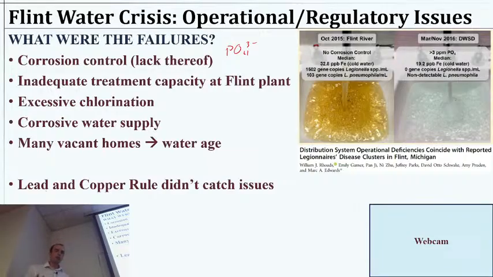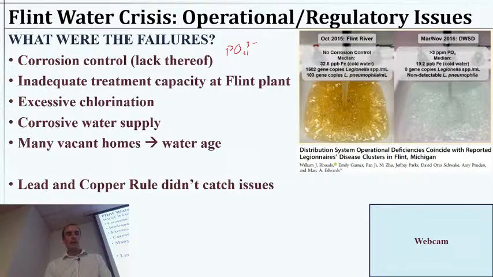Another thing that I haven't mentioned yet, but maybe we can recall from when I was first introducing the status of Flint, is that there are a lot of empty homes. Given the economic depression, and given that the city was built many years ago when many people were coming in, if you have many residents leave, you end up with vacant homes, which means there are many dead ends for your water to sit and stay.